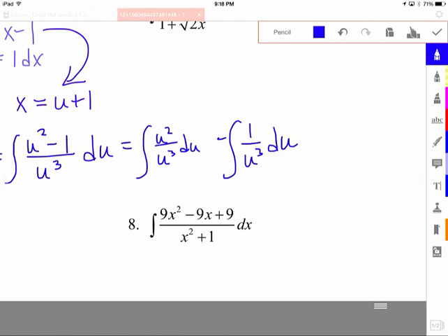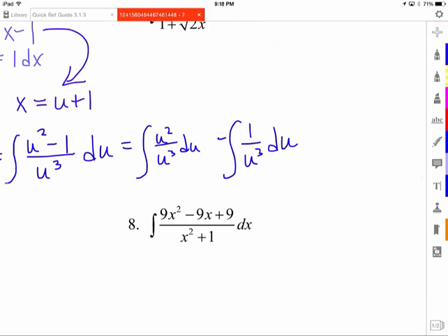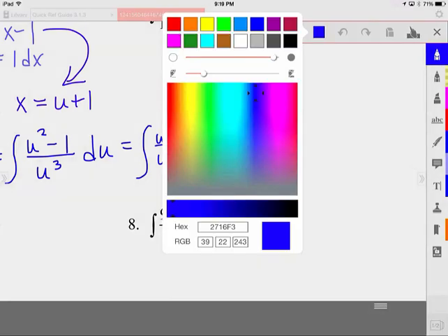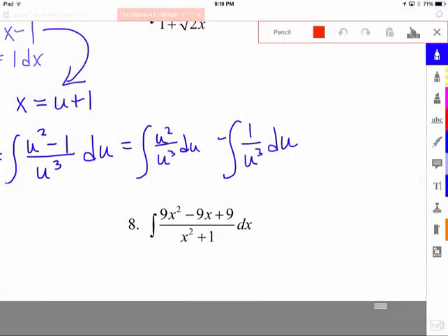Okay, so you should have then simplified it, right? And of course that first piece is going to be natural log of u. And then I'm going to power up. So I'll have u to the negative 2 over negative 2, so that's going to turn into a positive, plus my c.